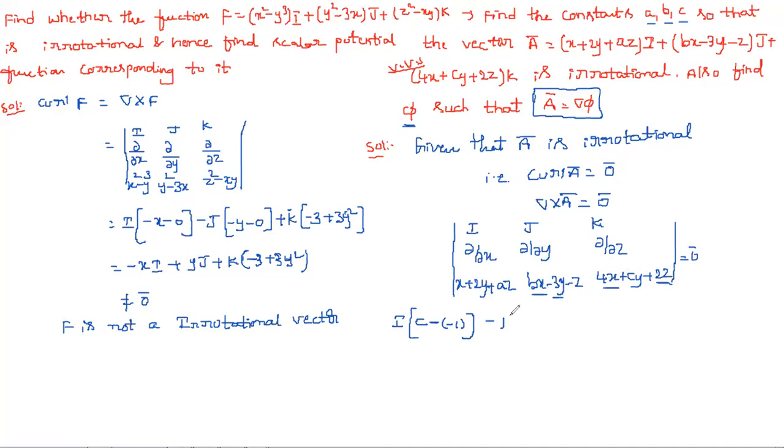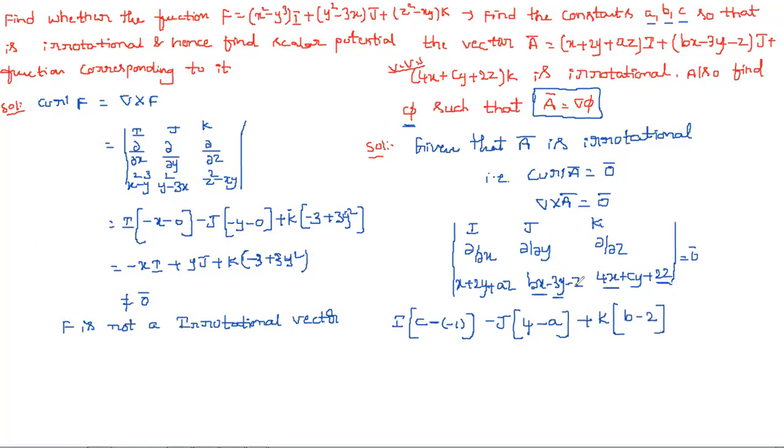Next, minus j into dou by dou x of this one, which is 4, and dou by dou z of this one, which is minus a. Plus k into dou by dou x of this one, which is b, and dou by dou y of this one, which is minus 2.